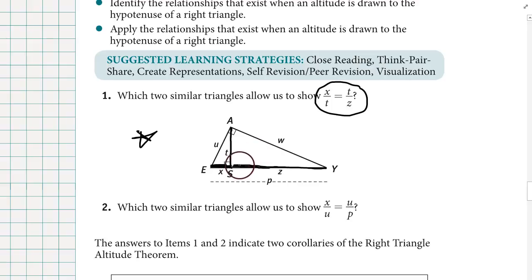Z is the other piece of the hypotenuse of that original triangle. So what's going on here is when we draw an altitude in, we can say that that altitude is the geometric mean between the shorter piece of that original hypotenuse and the longer piece of the original hypotenuse.